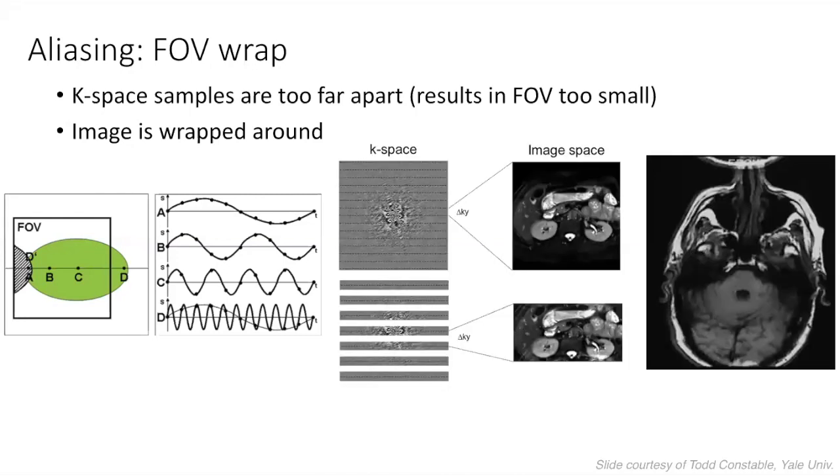And this is what happens from a 2D perspective. Again, if our K-space samples are too far apart, such as at the bottom K-space, then our FOV is too small, and you get these image wraps that aren't present when you have a full FOV. So you can see an abdominal aliasing artifact, and similarly what you see in the brain, where you have wraparound from the back of the head to the front.